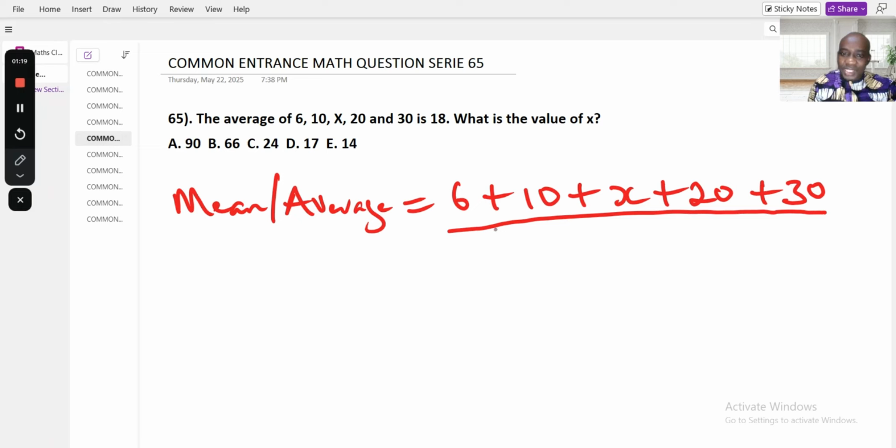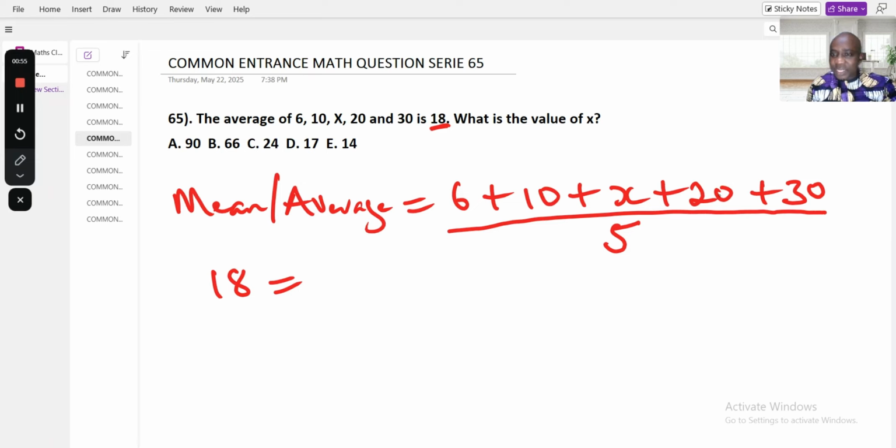The total is 5. Now divide it by 5. What is our mean? The question has given us the mean already, which is 18. We are going to replace the mean or average by 18 equals 6 plus 10, that's 16.